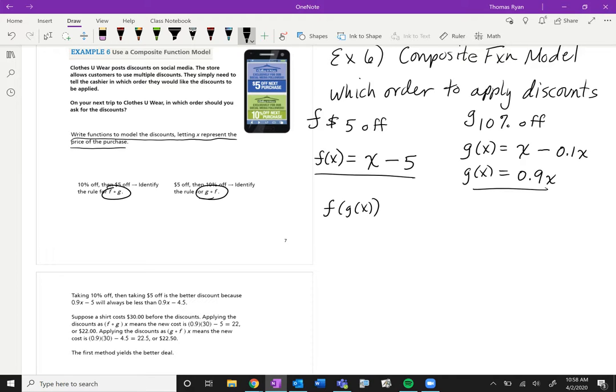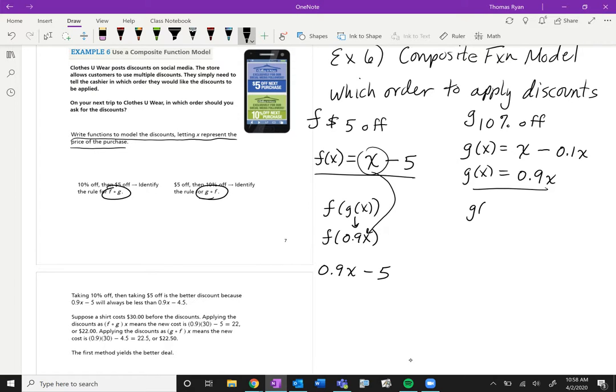We know we have to start on the inside, so we replace g of x with 0.9x. So we're doing f of 0.9x, replacing x with 0.9x, which gives 0.9x minus 5. All we did was replace the x with 0.9x.